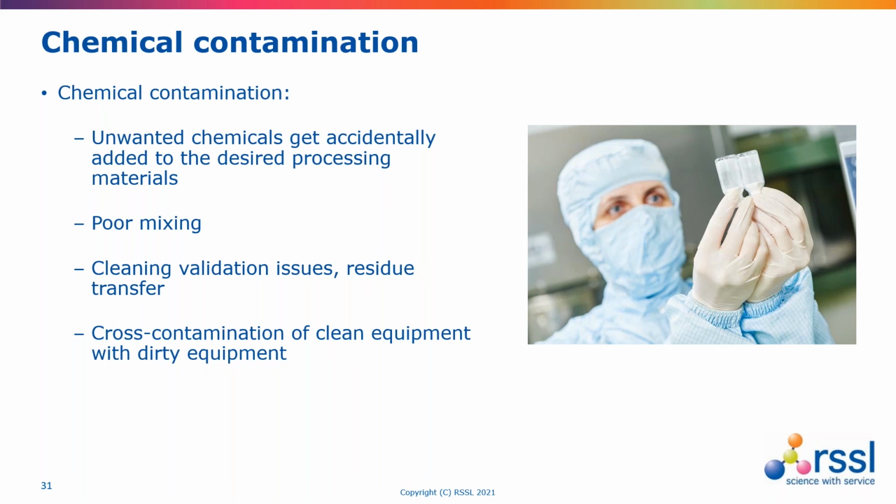But due to the sensitive nature of many products, trace amounts can also have significant bearing on efficacy, on performance, or on yield. So cleaning validation is of great importance, and the evaluation of that through TOC swabs or conductivity, microbial monitoring as well, is of great importance.